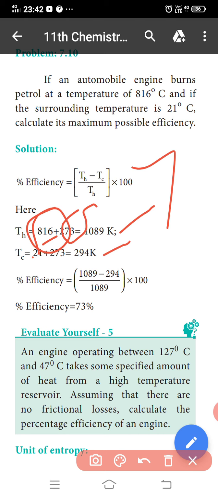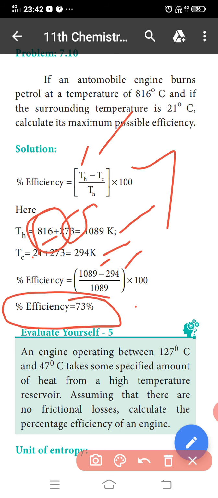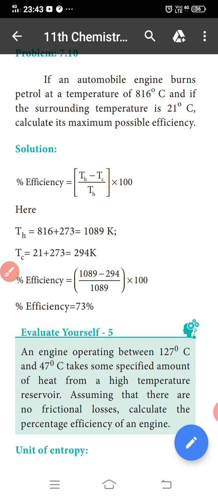So 1089 minus 294 divided by 1089 into 100 is equal to about 74. The maximum possible efficiency is 73 percent. Thank you.